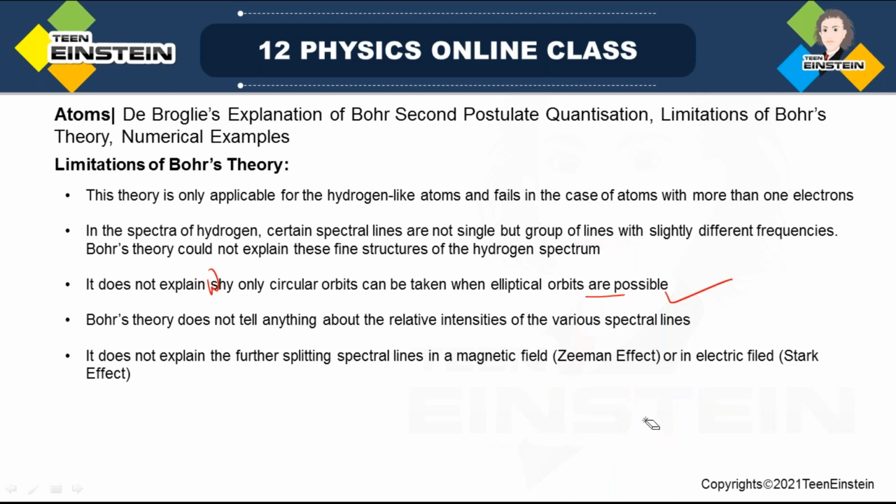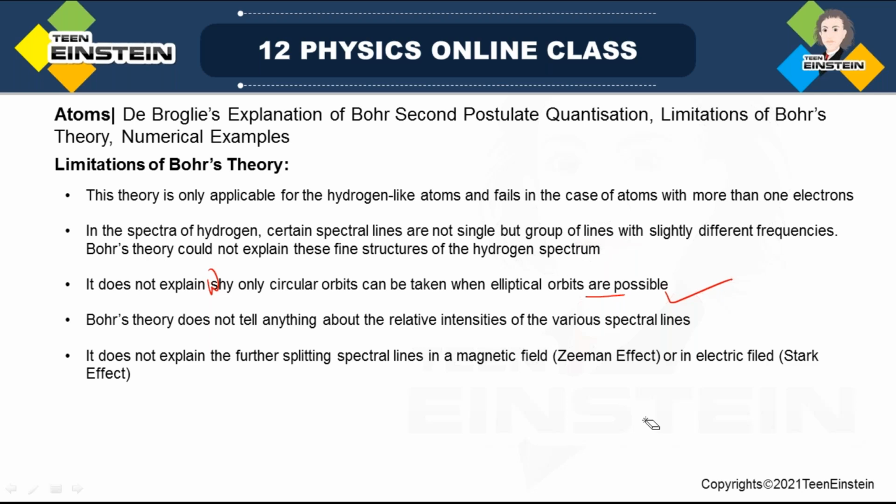And further, in quantum mechanics there is no actual notion of an orbit. In higher classes you will learn that the electron is a cloud and there is no definite position at a particular time. It can be somewhere, or it may not be there.